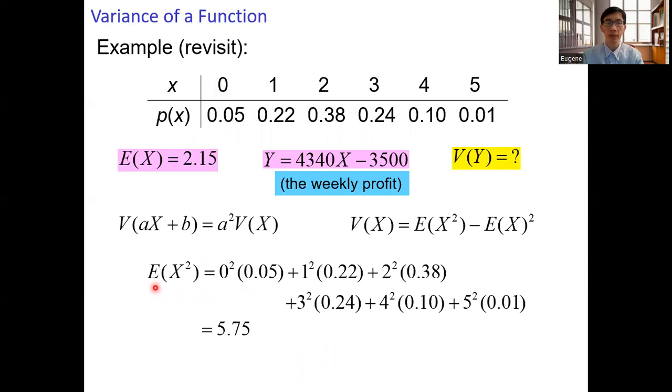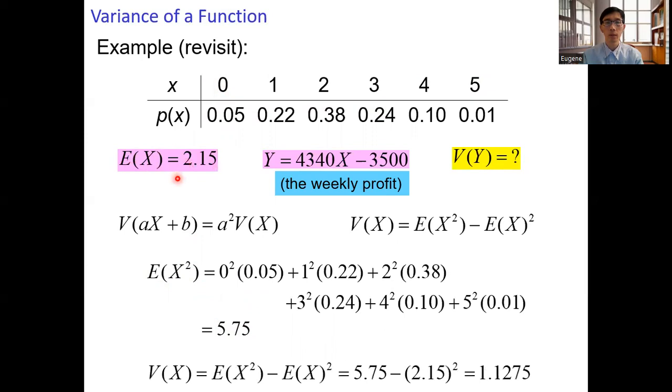We get the expected value of x squared equals 5.75, and we have already computed the expected value of x, which equals 2.15. So we get the variance of x equals 5.75 minus the square of 2.15, which is 1.1275. This is the variance of x.